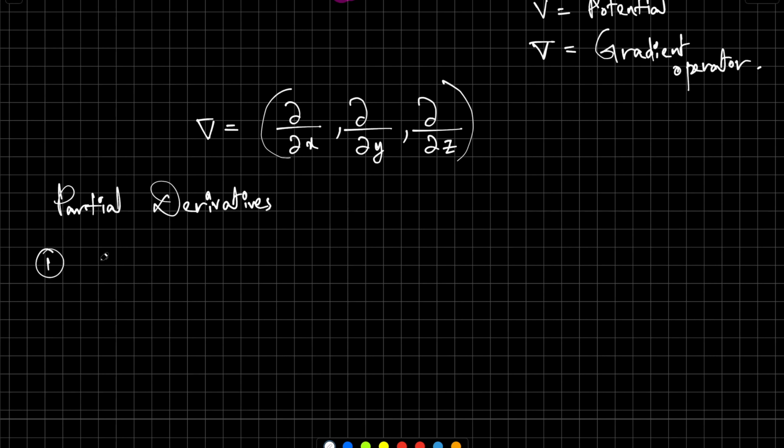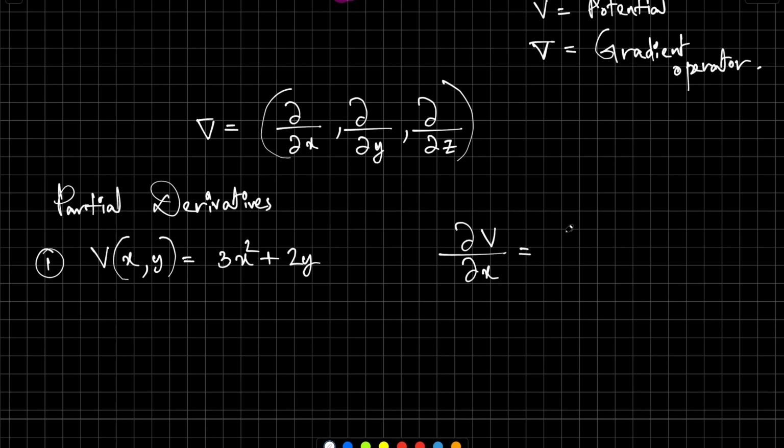Let's say we have a function v of x comma y equals 3x square plus 2y. I'm going to find a partial derivative of this function with respect to x, dou v over dou x. We are differentiating with respect to x, so y should be treated as a constant.